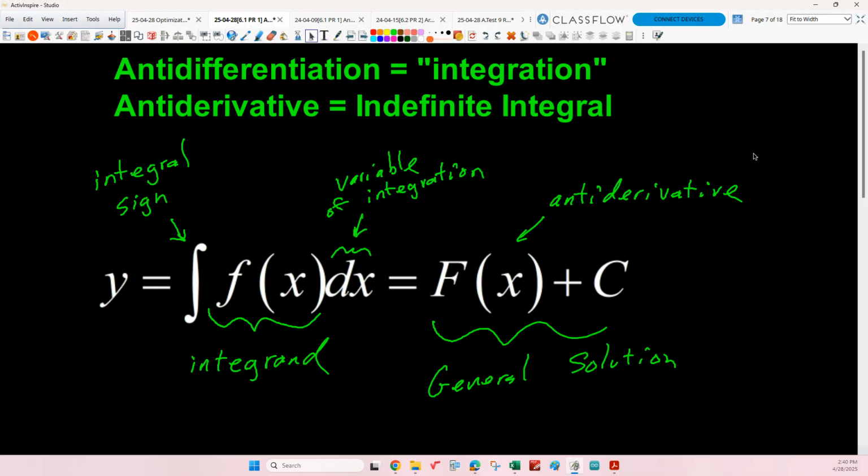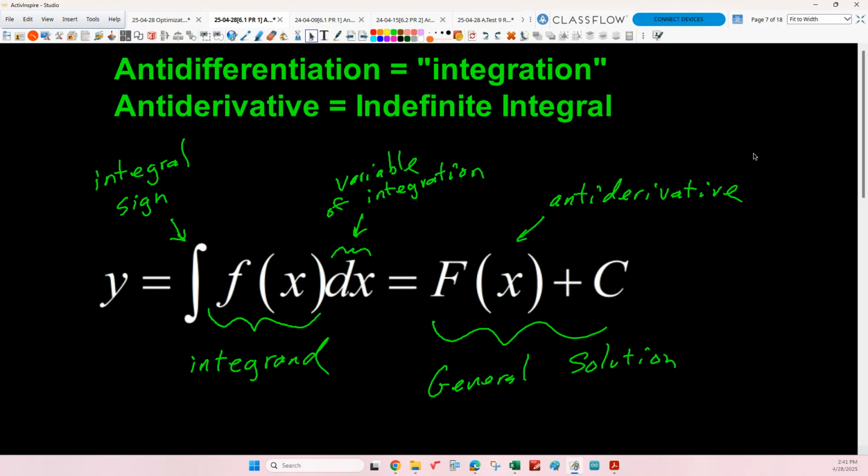The integral of f of x dx is like saying the derivative of what equals f of x. The answer is some function, we'll call it capital F of x, plus some constant. Capital F of x is what we call the antiderivative. How come?